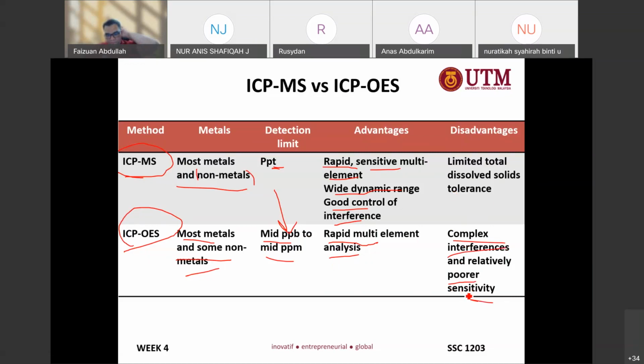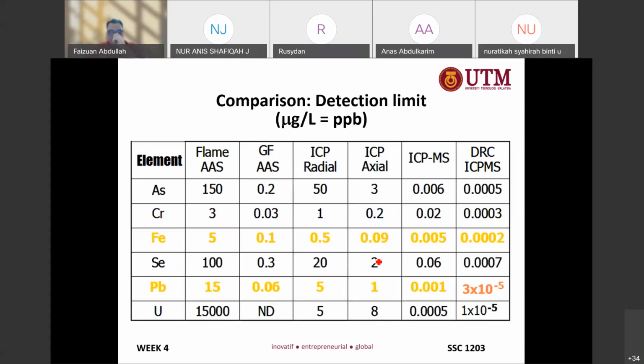For instruments, AAS has flame and graphite furnace, and then ICP we have several types. This is the comparison of the detection limit.